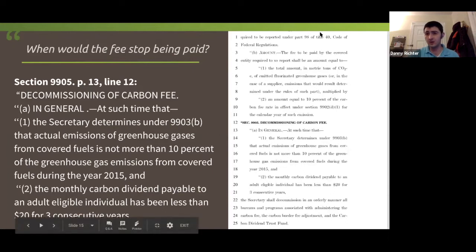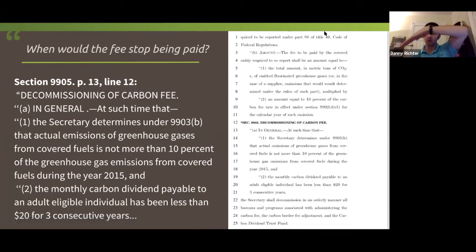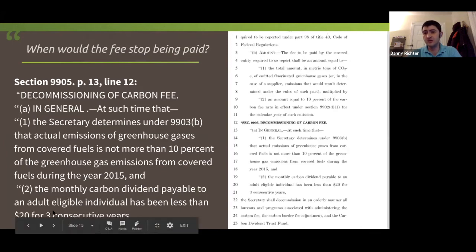And what we are doing here is we're basically saying gradual ramp up, pause, gradual ramp down. And so in order for the dividend to be $20 for 3 consecutive years, we're basically not burning any fossil fuels anymore. And so we should be way, way, way below this target.